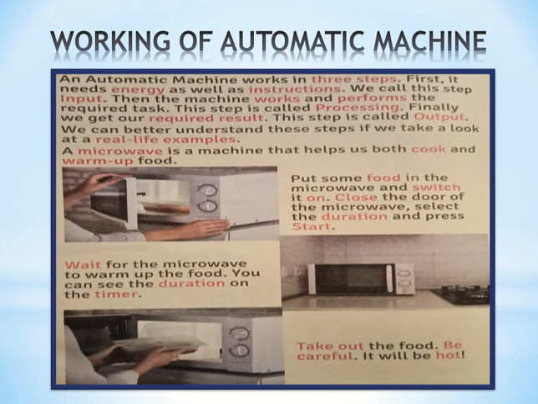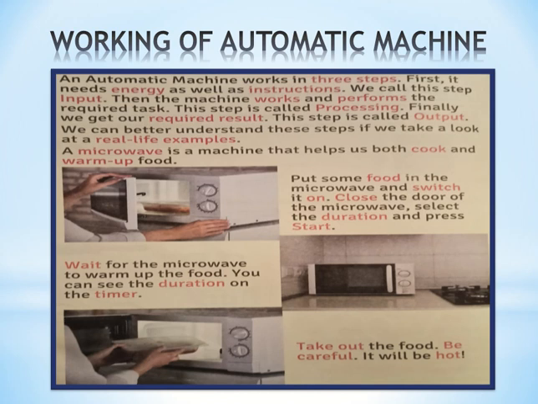Okay, this is how we heat our food or make our food in microwave. We put the food inside the microwave and give the microwave instructions. Wait for the microwave to warm up the food. You can see the duration on the timer. Okay, take out the food, be careful, it will be hot.